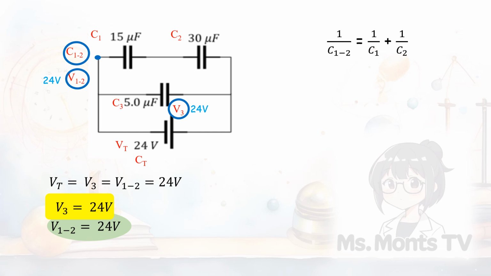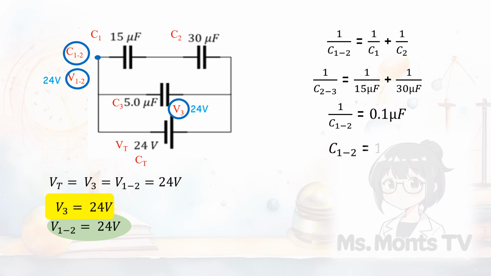Then capacitance 1, 2. This 1, 2 is in series. So capacitance in series has a formula 1 over C12 equals 1 over C1 plus 1 over C2. So we substitute it with 1 over 15 microfarad plus 1 over 30 microfarad, that will become 0.1 microfarad. Then we will reciprocate it, becomes 10 microfarad. So C12 is 10 microfarad.